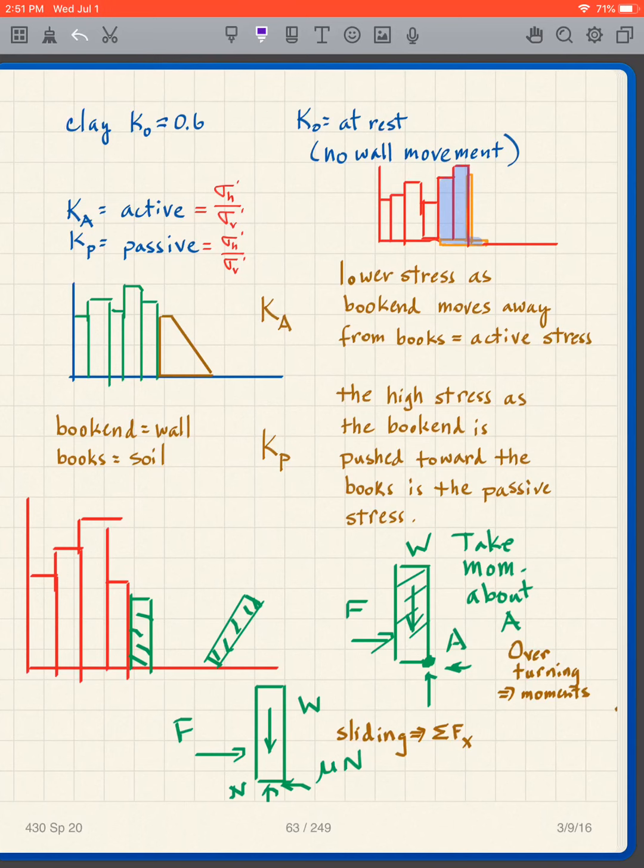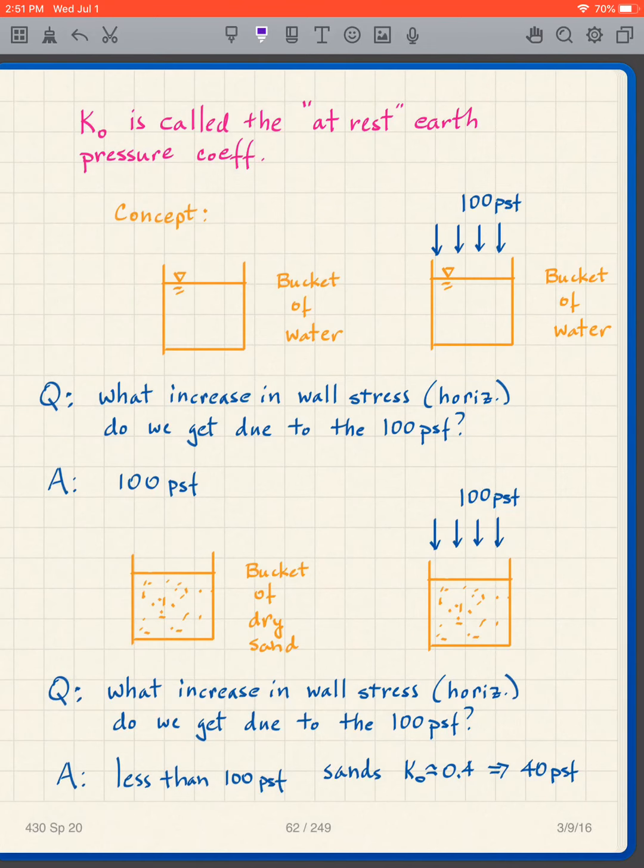Now I want to emphasize this. K0 is called at rest, meaning there's no wall movement. In other words, when I apply this 100 down that way, these walls are fixed. They don't move.